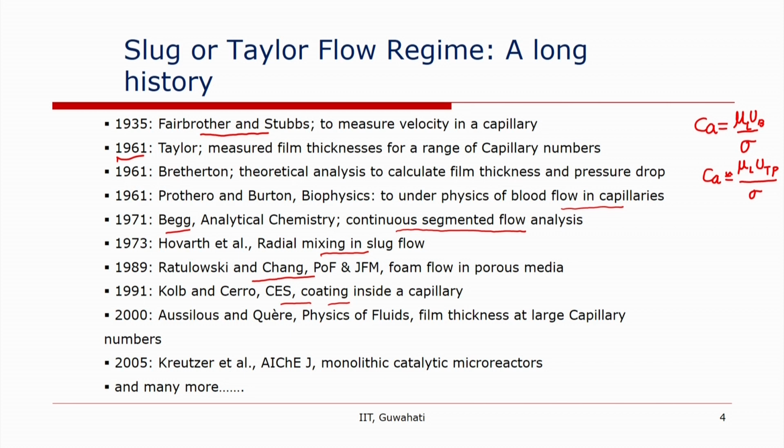And after that, in the past two decades, there have been a number of studies on Taylor flow in microchannels to obtain film thickness, heat transfer, for mass transfer applications, or even simple validation of numerical codes, because when one can do the experiments, one can digitize the flow very accurately, and it can be used for the validation of, say, a volume of fluid method where the interface is captured.